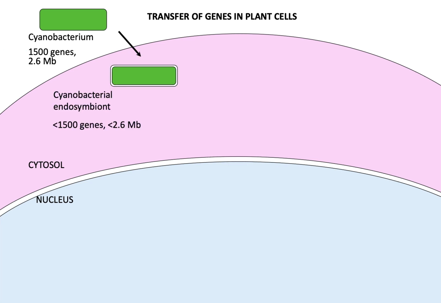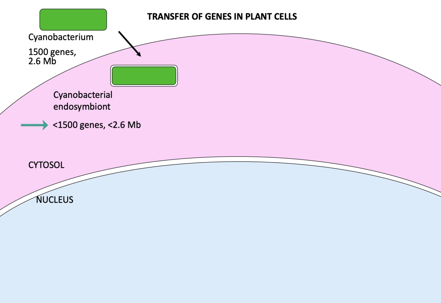At some point in time, it became enveloped by the protist cell and started losing genes and started losing DNA. And this is because it was no longer necessary to retain genes that allowed it to be living outside in a different environment.